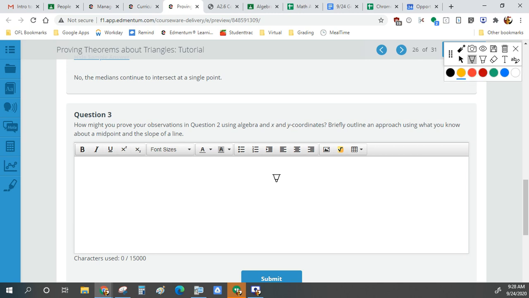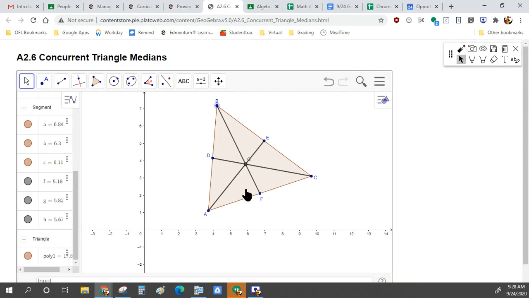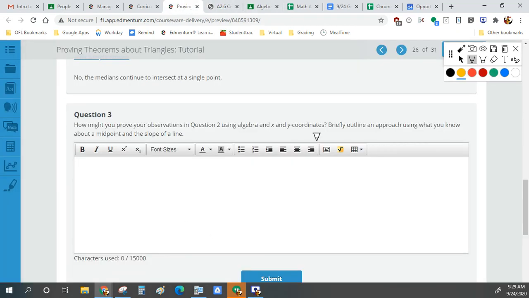Well, we would say that we have 2 points. One's a midpoint, one's another point. So the way I would prove it would be by just writing the lines. You don't have to get too much into algebra here, because I feel like what they want you to do is algebra 2 level stuff.